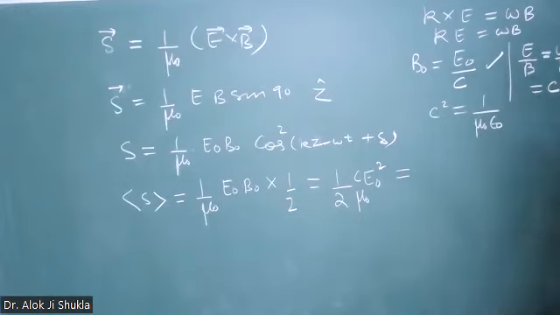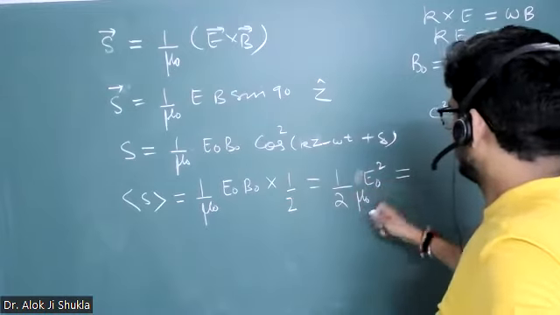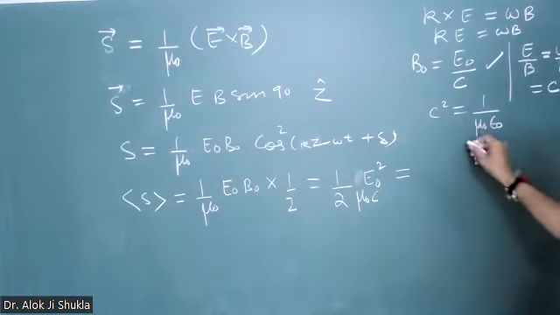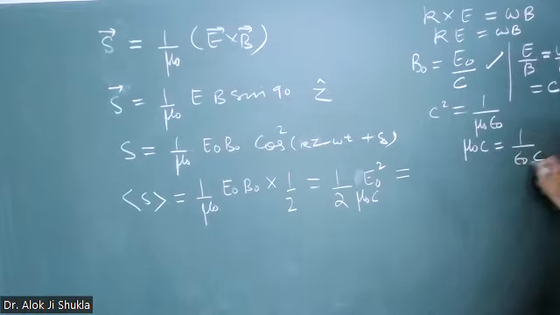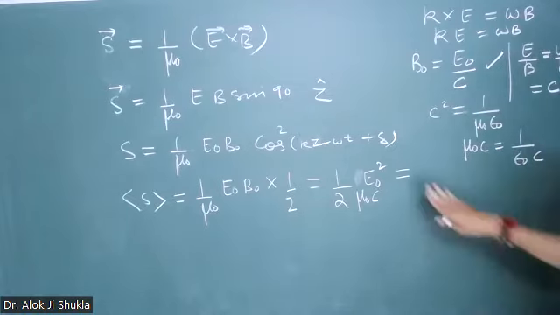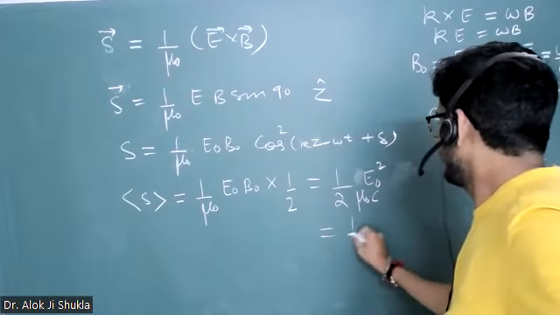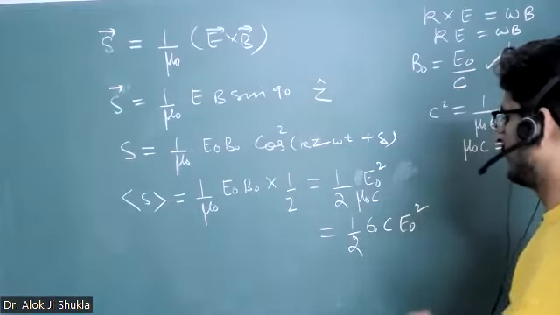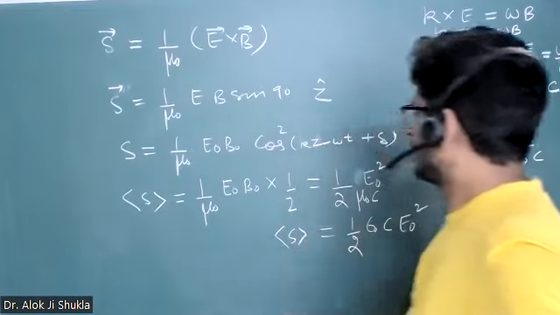Is it written correctly? Keep checking. Sir, it will be E naught by C. Oh sorry, I wrote this wrong. It will be C. So mu naught C, what will it be? It will be 1 by epsilon naught C. So this will become 1 by 2 epsilon naught C E naught squared, the average Poynting vector.